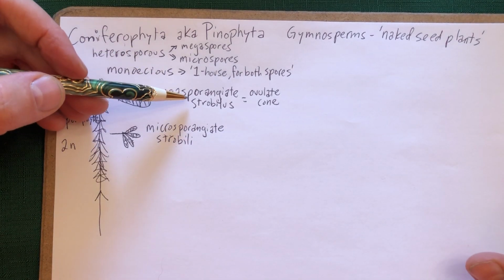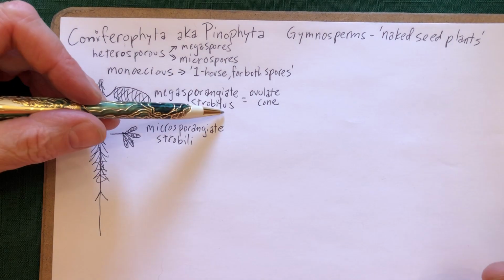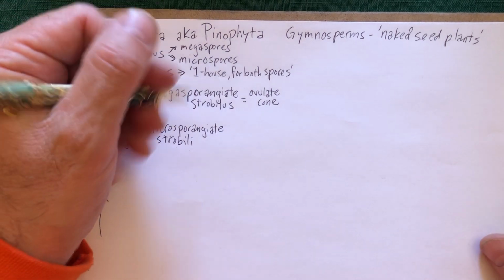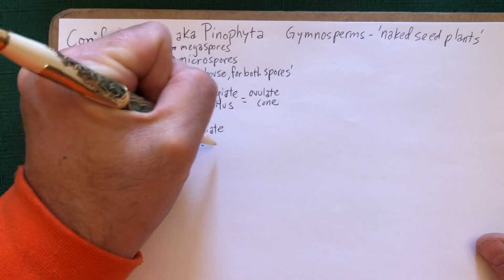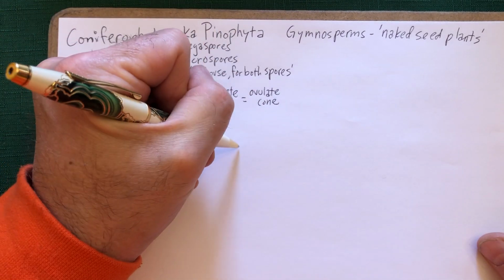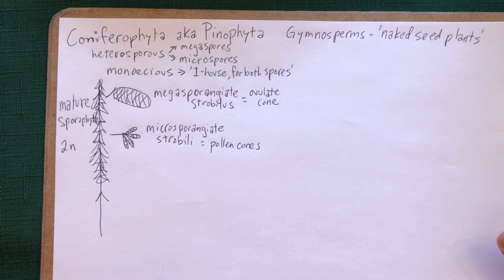So remember, we have one strobilus, 5, 10, 15 strobili, us, I, singular, plural, and microsporangia strobili we can refer to as the pollen cones.